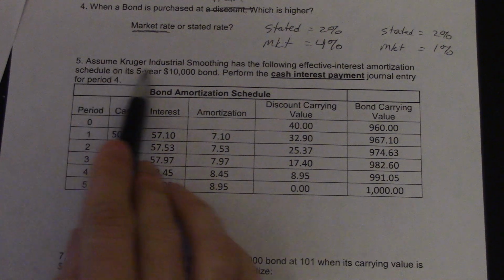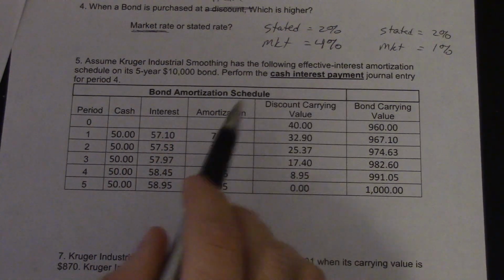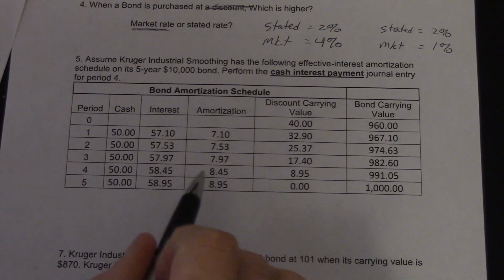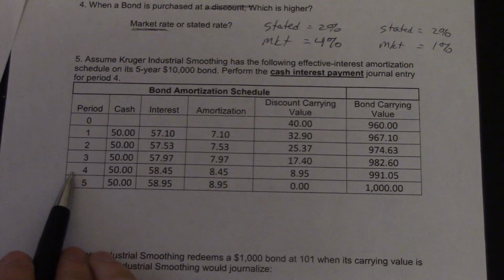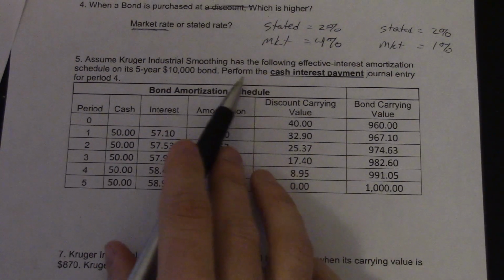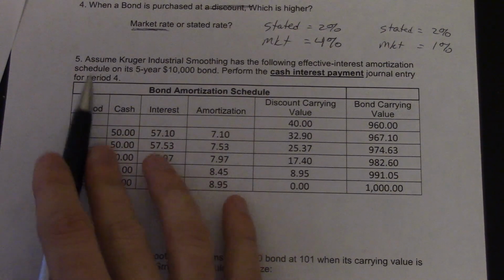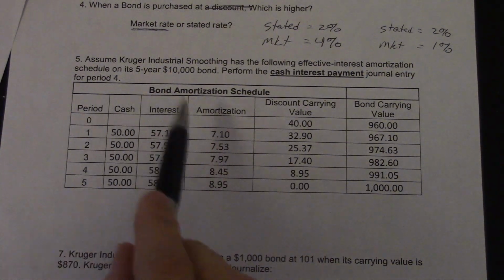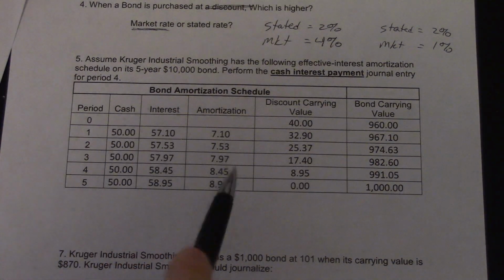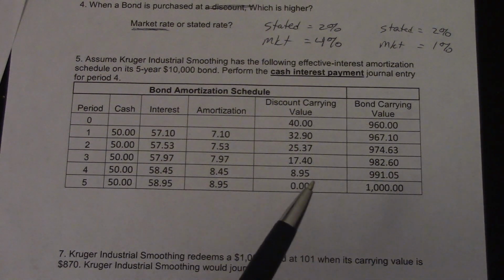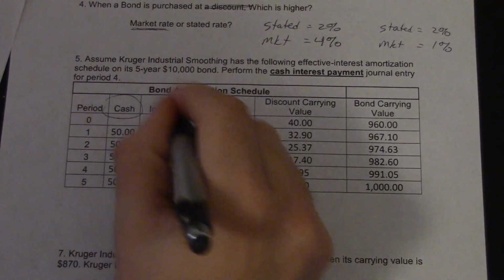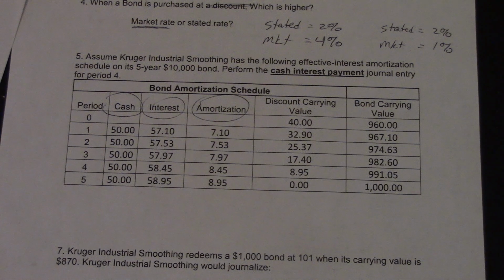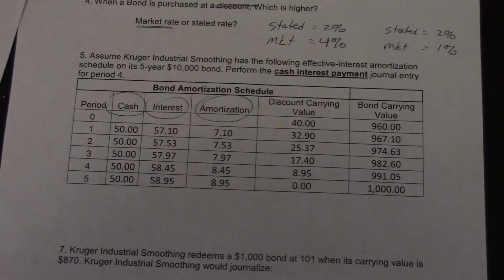Okay, so assume this company has the following effective interest method. We've got an amortization table here. Perform the cash interest payment journal entry for period 4. So amortization tables give you exactly what you will journalize. These first 3 columns, cash, interest, and amortization, give you your interest journal entry.